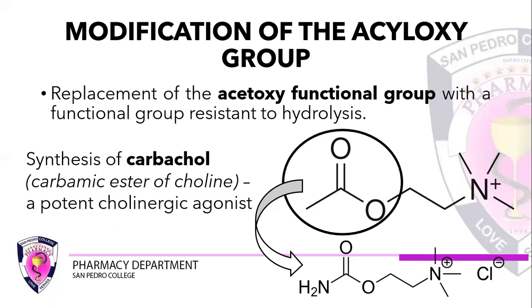So as you can see, because of the following modifications, na-alter yung mga, kumbaga, na-bypass yung mga disadvantages mentioned earlier. Yung non-selective siya for both muscarinic and nicotinic. So na-alter siya at the ethylene bridge, and ito siya, the substitution to a carbamate ester resulted in an orally bioavailable product kasi resistant na siya to hydrolysis.